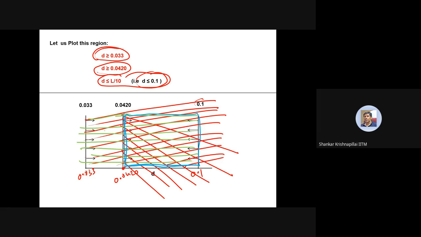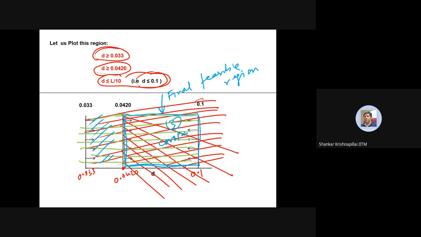This region contains the intersection of two constraints only, but this region contains the intersection of three constraints. So this is the final feasible region.